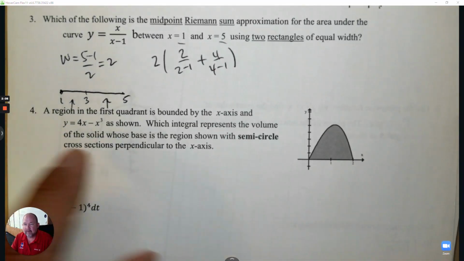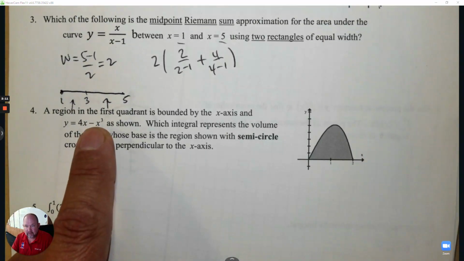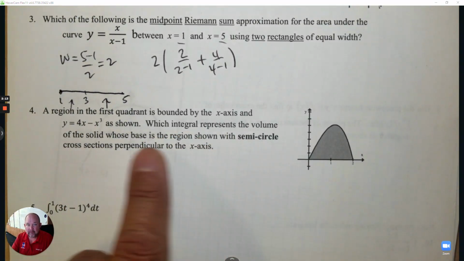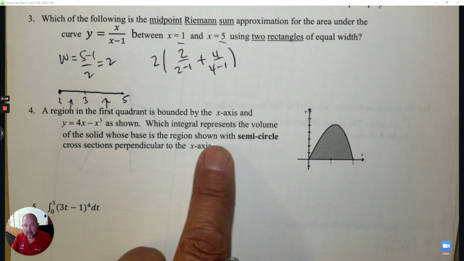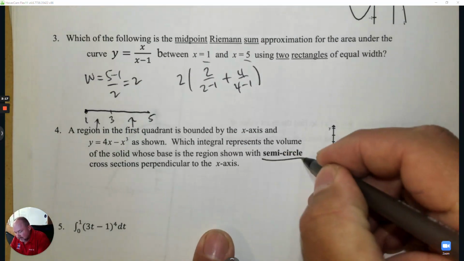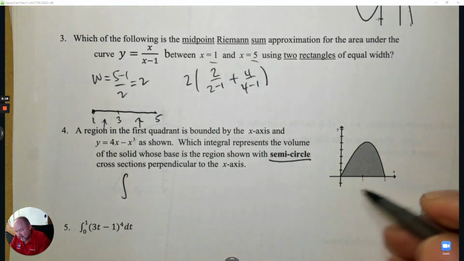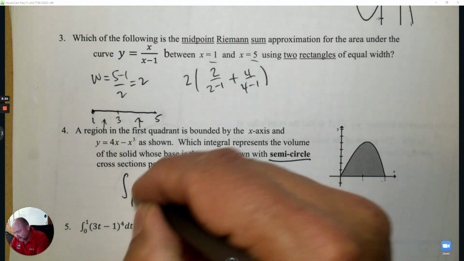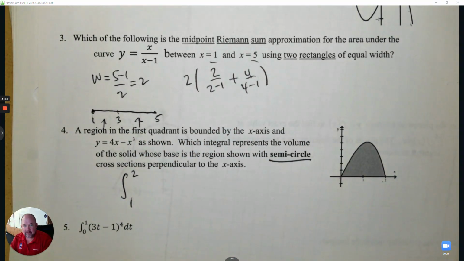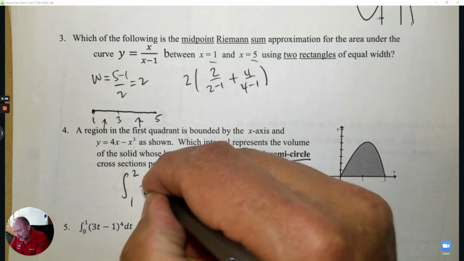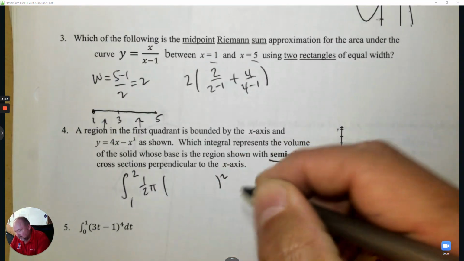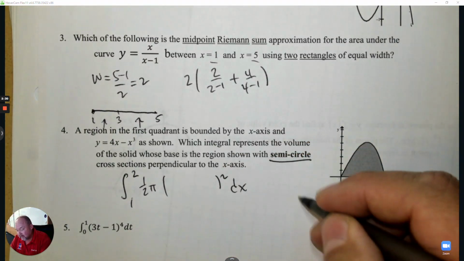All right. The region on the right is this equation. Which integral represents the volume of a solid whose base is a semicircle? So this is an integration question. It goes from 1 to 2. And the formula for a semicircle is 1/2 pi r squared. And we need to know what the base is.